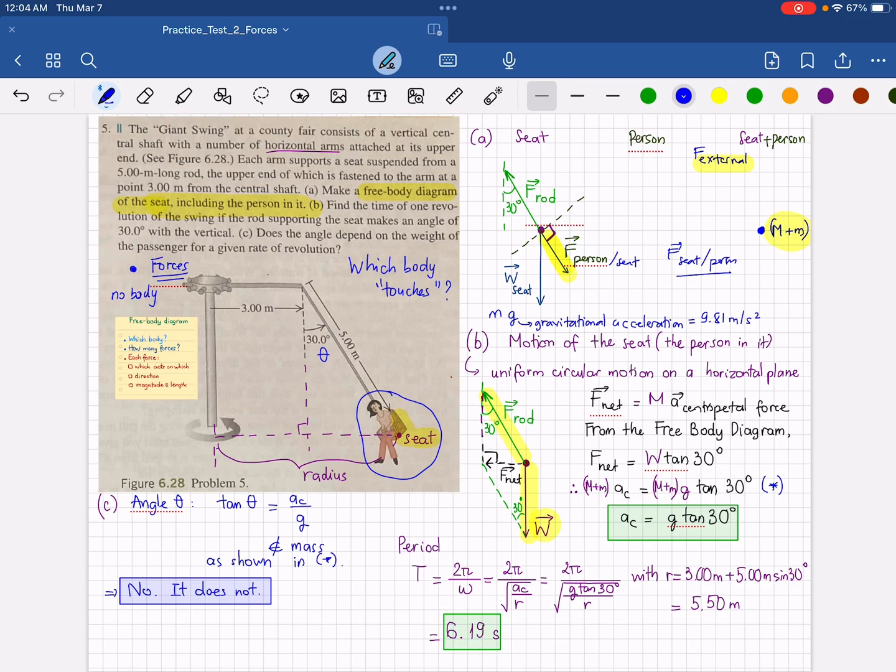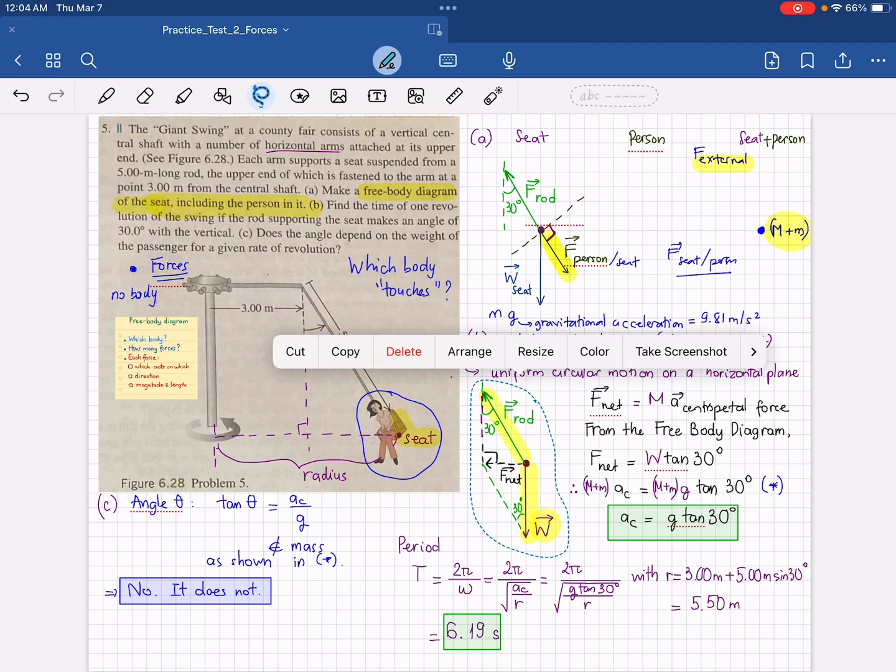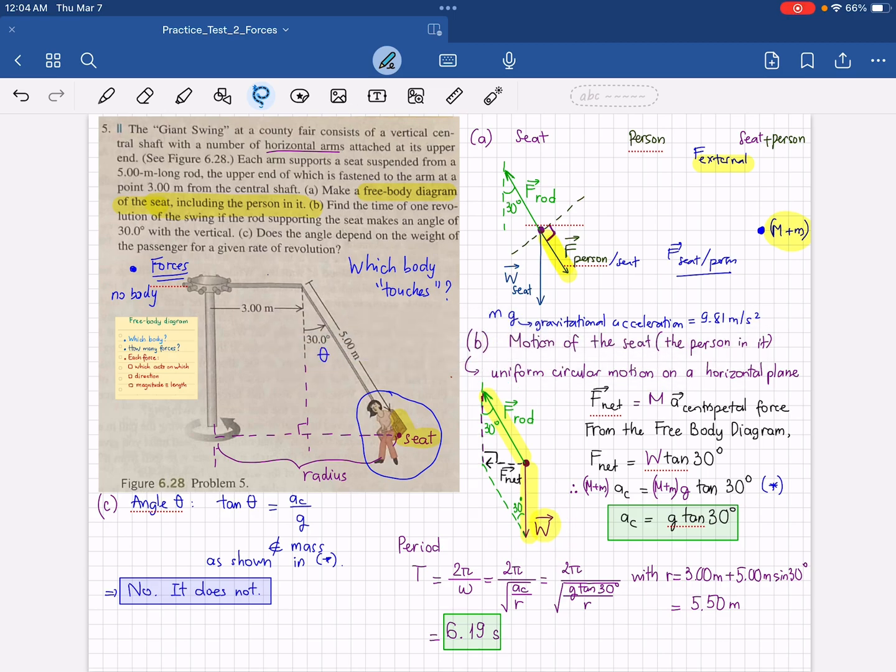So actually this is the free body diagram that we need to show. So pay attention to what they are asking for. And actually they are asking for the free body diagram of the whole thing.